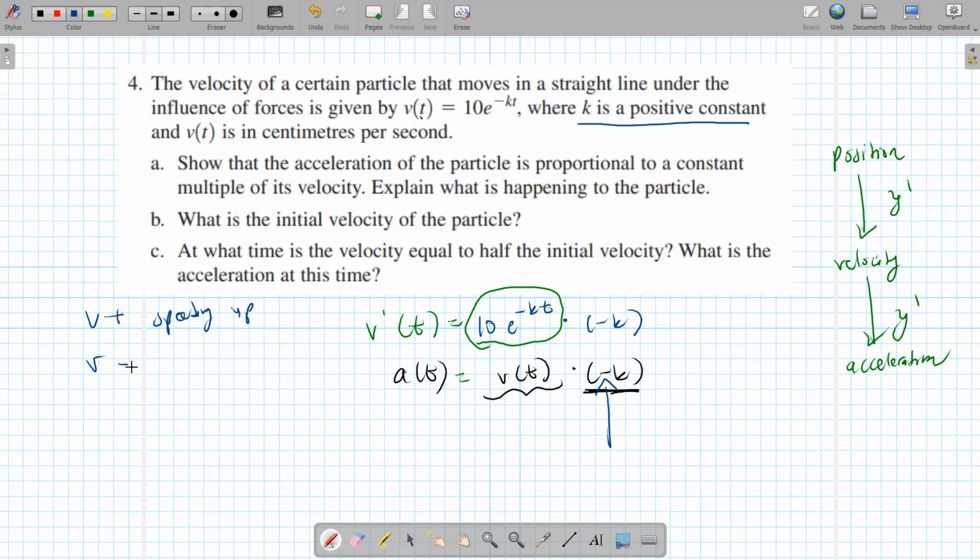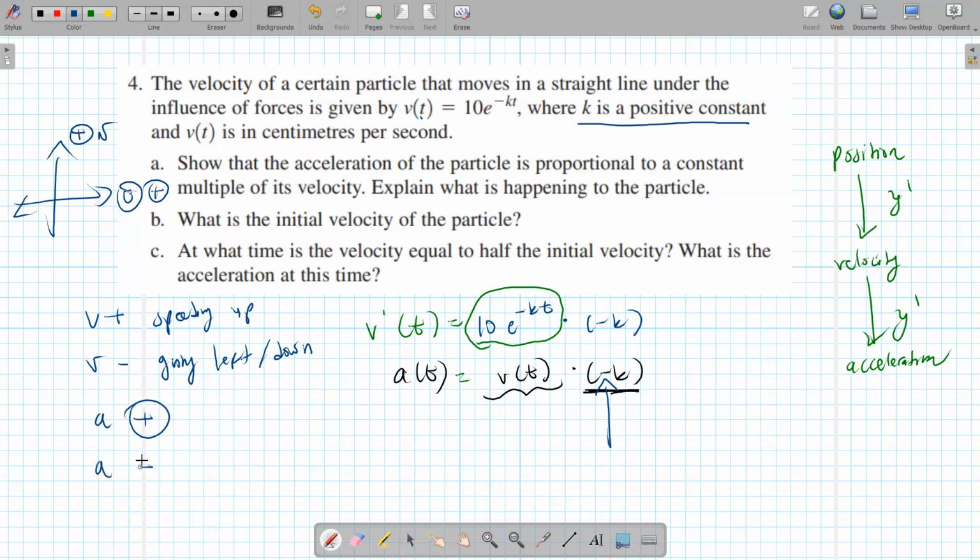But negative velocity means it's just going in the opposite direction. For our frame of reference, it depends. If we say up is positive, like north is positive and east is positive, if the velocity is negative, it just means it's going left or it's going down. It doesn't mean it's slowing down. Acceleration, on the other hand, if it's positive, it means it's speeding up. But if the acceleration is negative, it means it's slowing down.